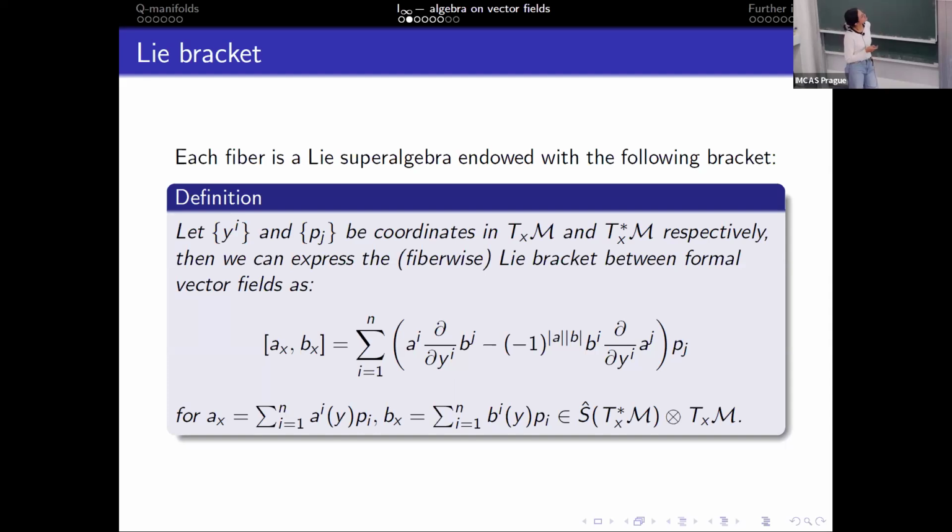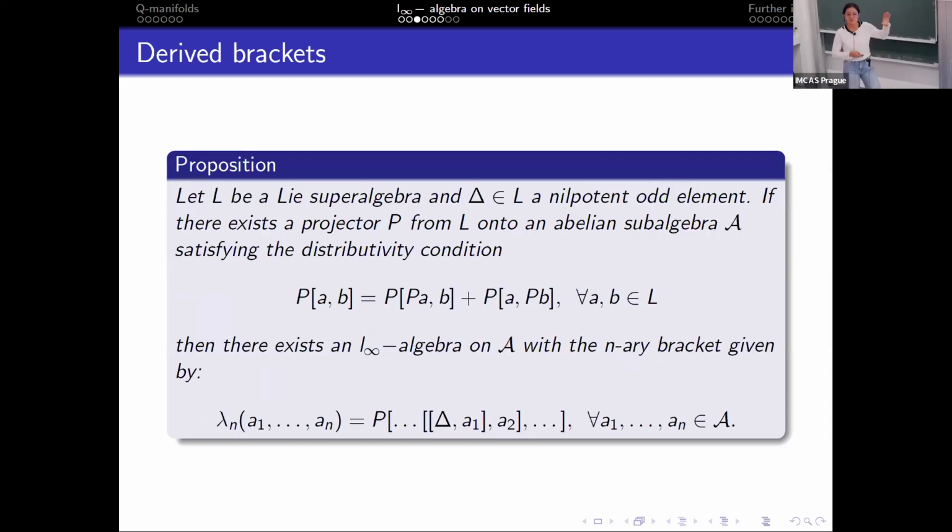And now, this is the main construction that I'm going to apply. In order to define L-infinity algebras, this is a construction that is very useful. So I will be applying this everywhere. So this is the setting. Suppose I have a Lie superalgebra, which is the case in my construction, together with a nilpotent operator.